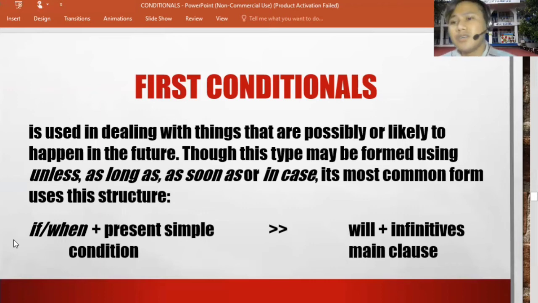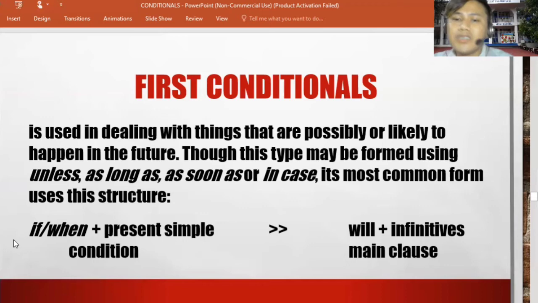So there is also a minimum or a 50% chance that the action will happen or not. This type of condition may be formed by using unless, as long as, as soon as, or in case.